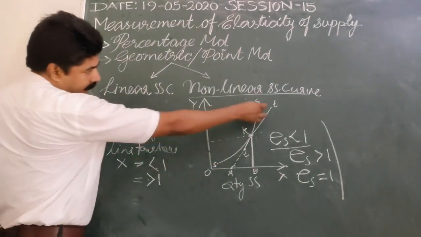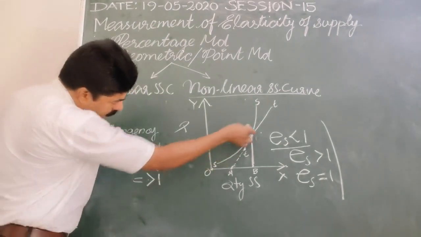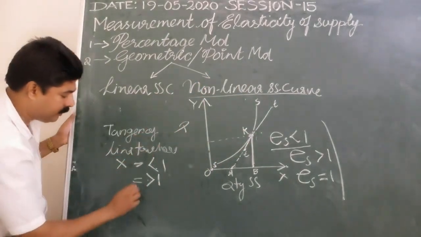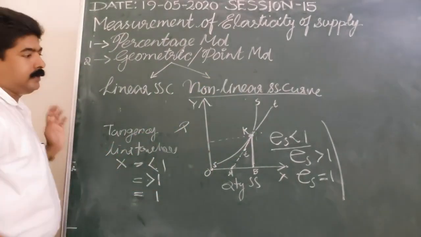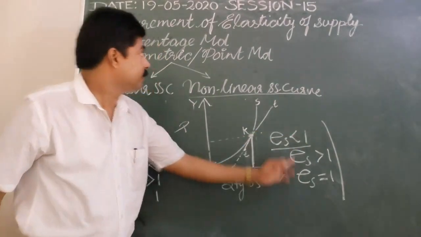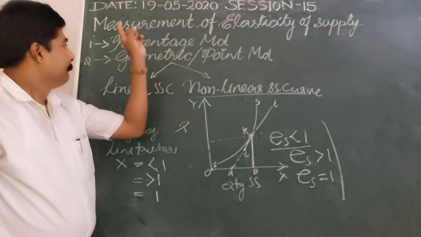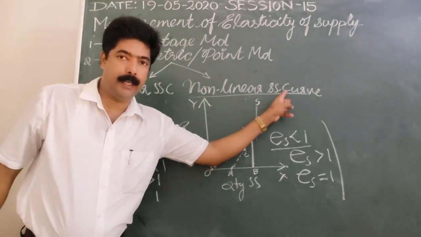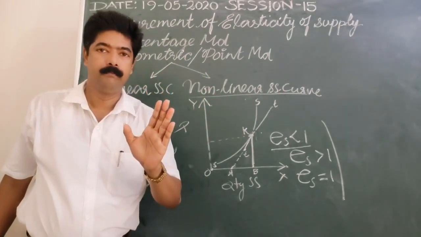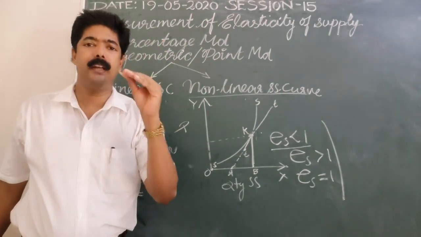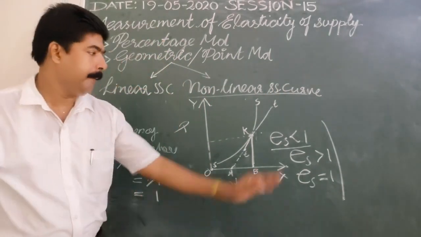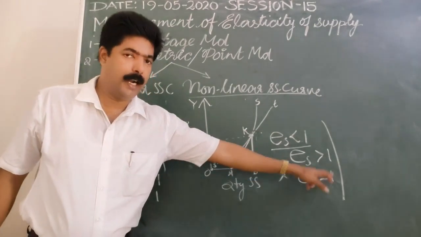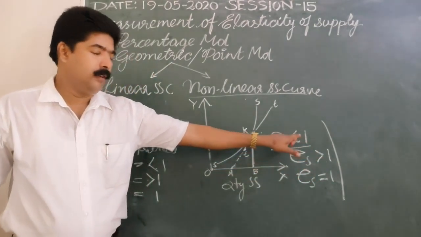If the tangency line passes through the origin, that is equal to 1. This is the method of calculating the price elasticity of supply by the geometric method, using a non-linear supply curve. I think you are clear. The three different degrees of price elasticity of supply are equal to 1, greater than 1, and less than 1.